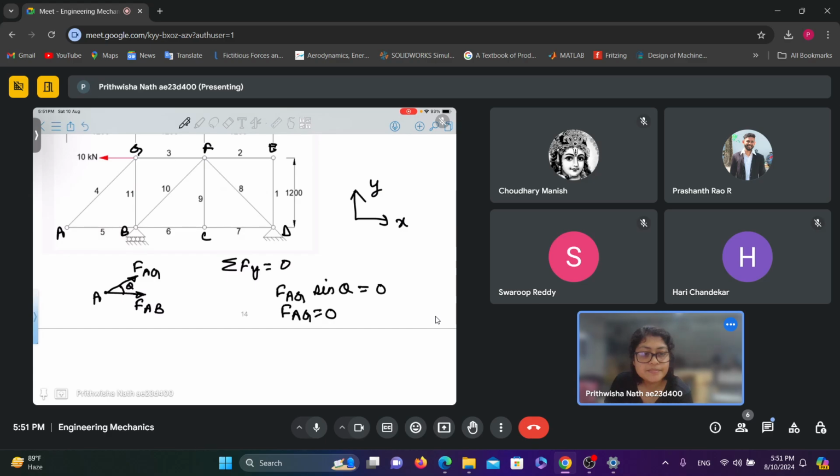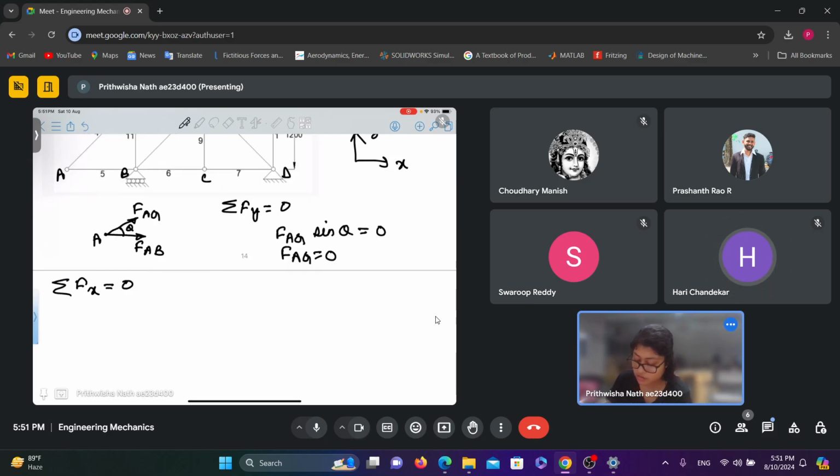Is it clear? Yes, ma'am. Now, if I consider summation of forces along x direction to be 0, FAG cos theta plus FAB should be equal to 0.